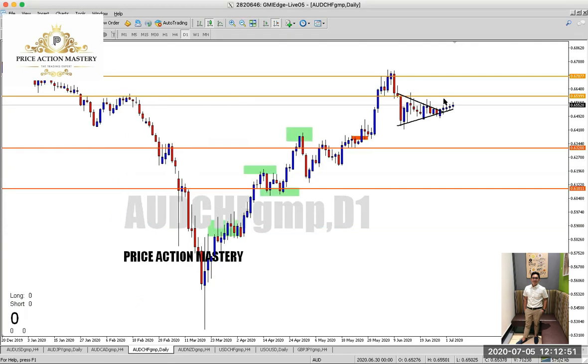As you can see on this daily chart, for the past few weeks the market has just been trapped here because the market is low in liquidity, and I'm also expecting the upcoming week's market to be low in liquidity, which means moving slowly.